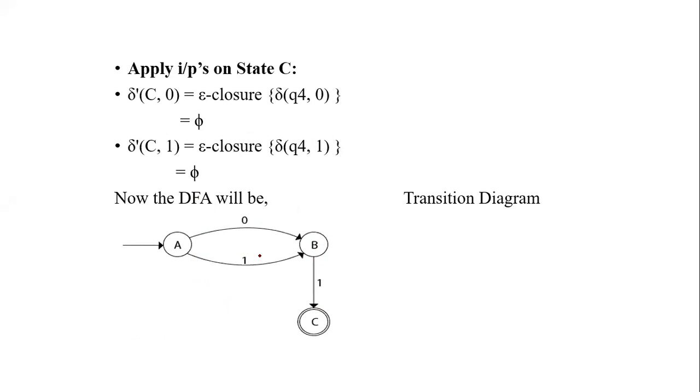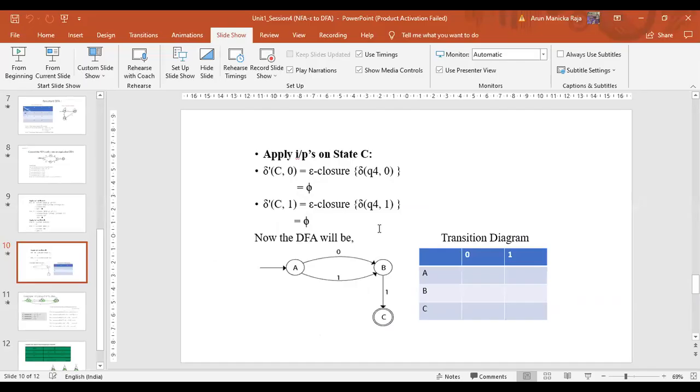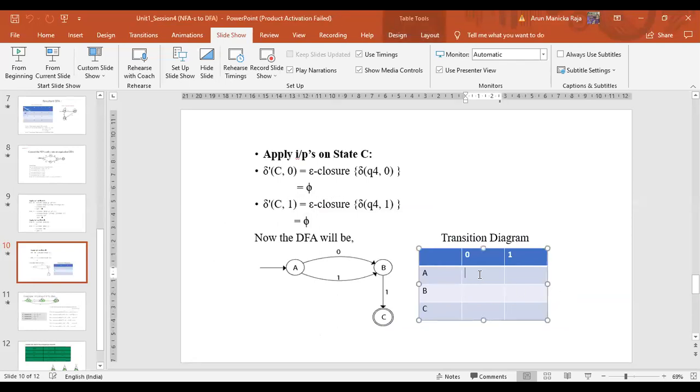Okay. So how to draw the transition table also. Here the values are not mentioned. What is the value of A comma 0? Q3. That is B. What is the value of A comma 1?